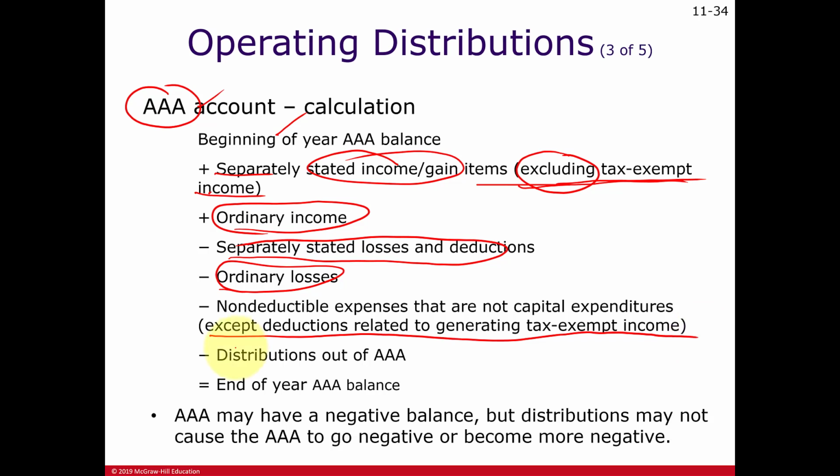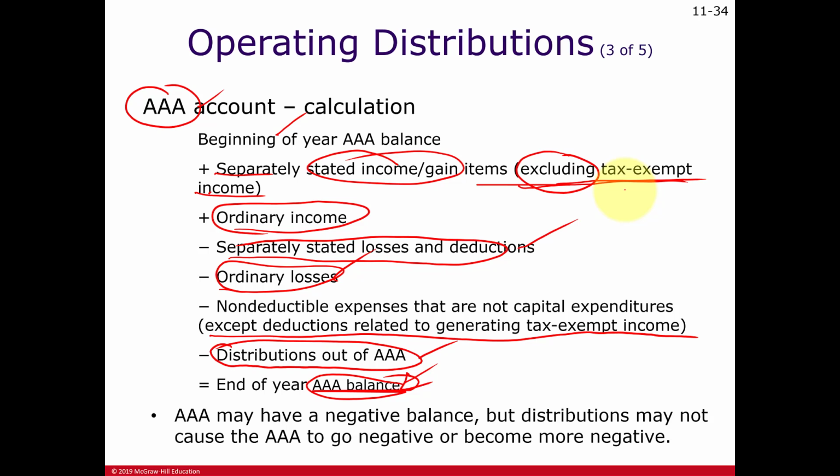And then here is what we're looking for. Money coming out tax-free using up the AAA account to get the balance at the end. This balance cannot go below zero when you have a distribution. This balance here can go below zero if you have losses being incurred by the corporation.